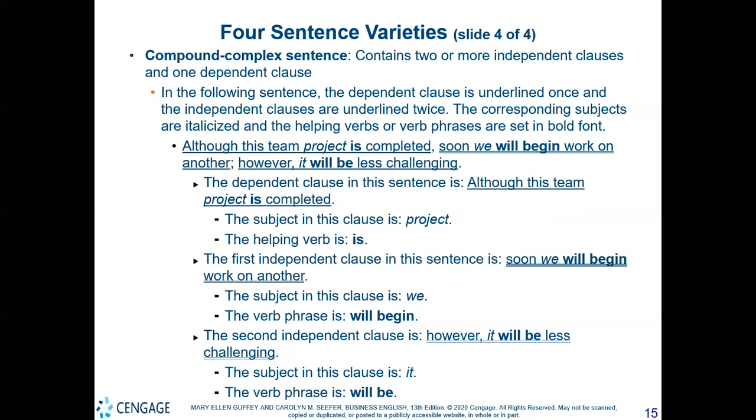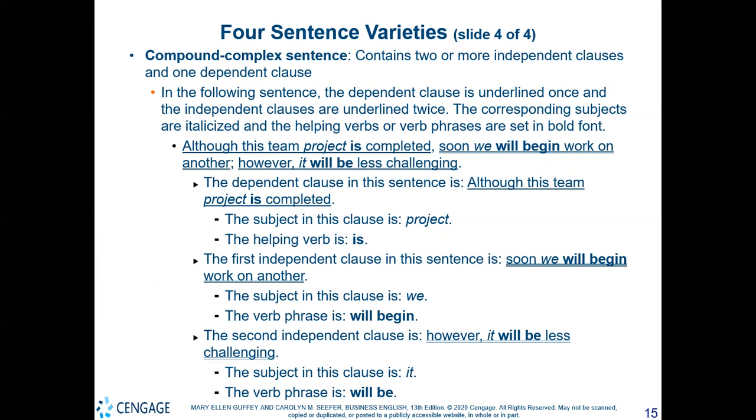The corresponding subjects are italicized and the helping verbs or verb phrases are set in bold font. Although this team project is completed, soon we will begin work on another; however, it will be less challenging.